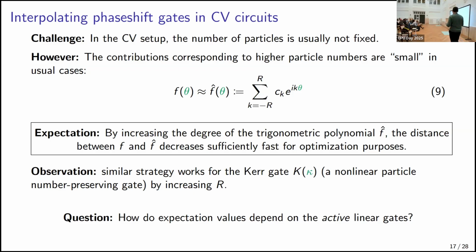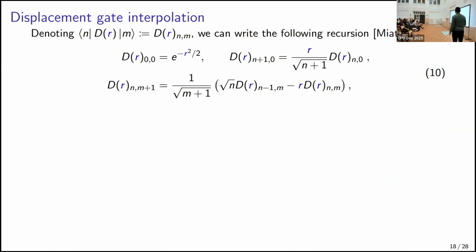So the question is, how do these expectation values depend on the active linear gates? Sorry, this is a bit technical, but you can show by these recursion formulas that the displacement gates will have some dependence on this parameter R. So the aim is that we want to somehow determine how the displacement gate depends.